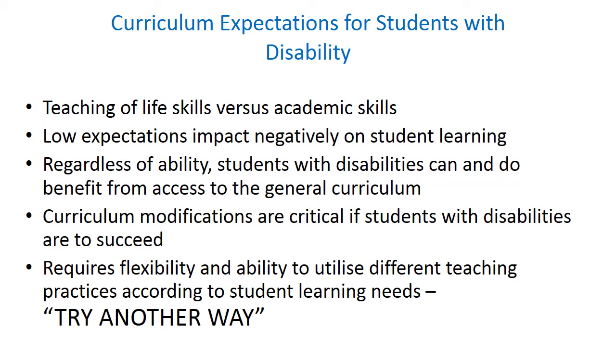We don't ask the other kids in Year 9 whether they're ever going to use trigonometry again, or if they're ever going to need the elements of the periodic table. But we teach those things because we believe that they're part of a good education. I believe that's the case for students with disabilities as well.